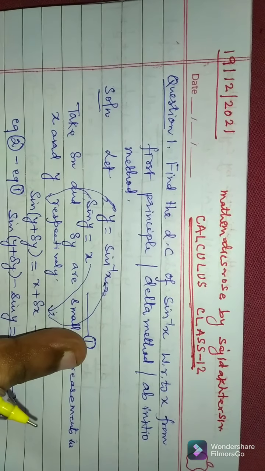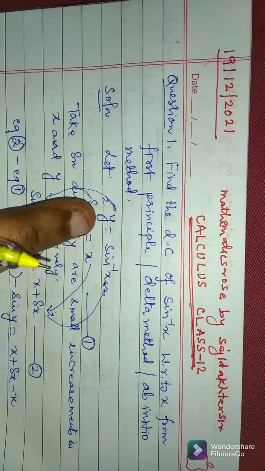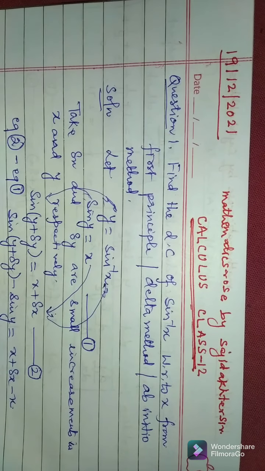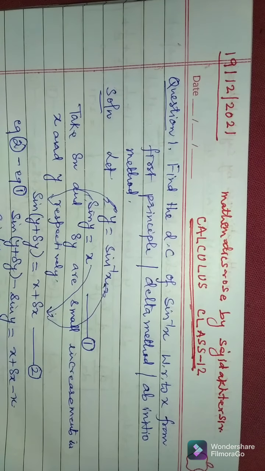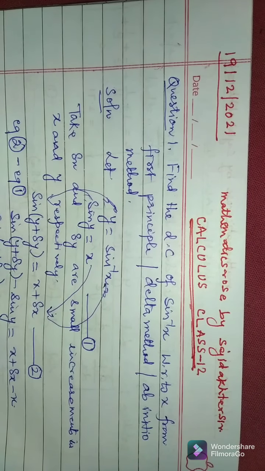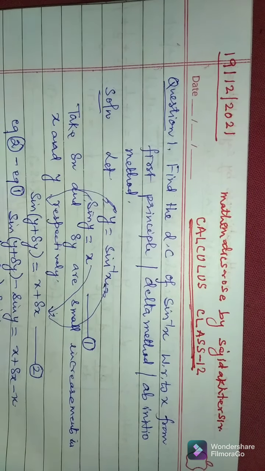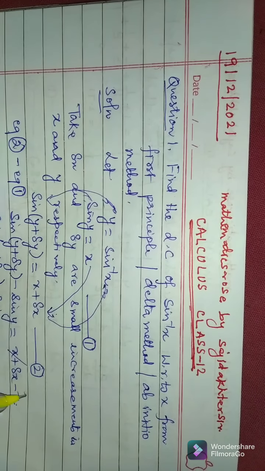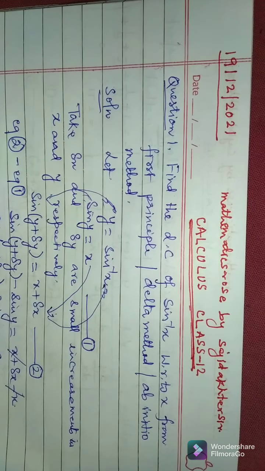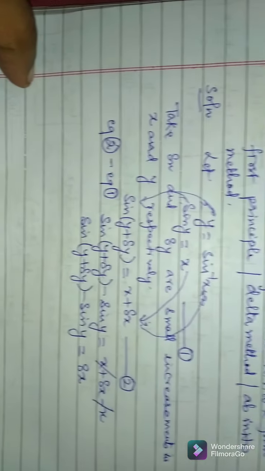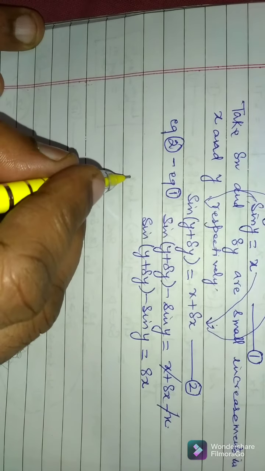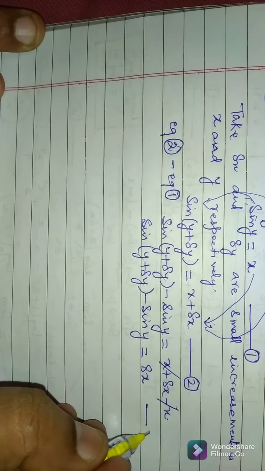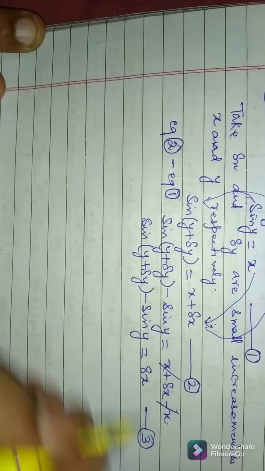Now sine of y plus delta y minus sine y is equal to, x will cancel out, so delta x will come. This is taken as equation number 3.